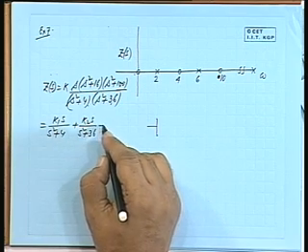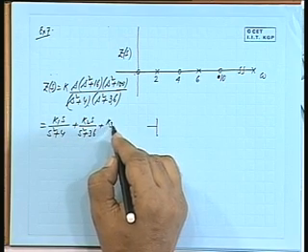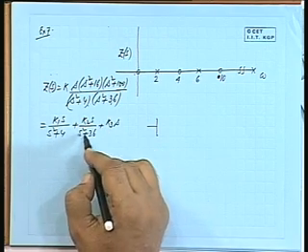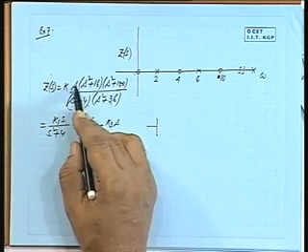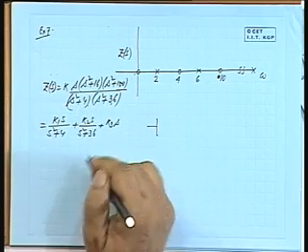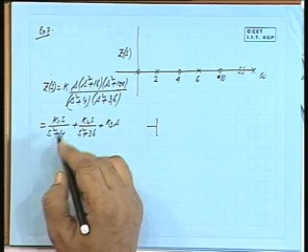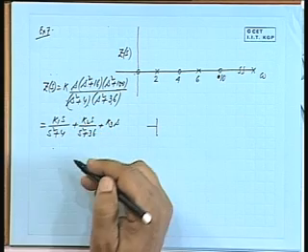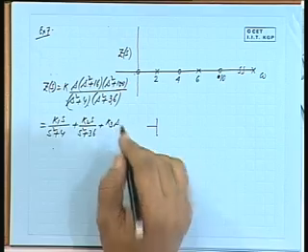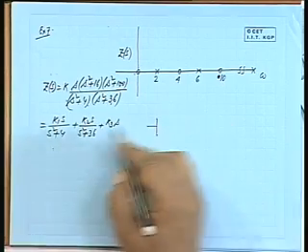Will there be K3S? Yes, because S to the power 5, and that is there. Will there be K4 by S? No, because there is nothing like S in the denominator. So this is all. So what will be the structure like?